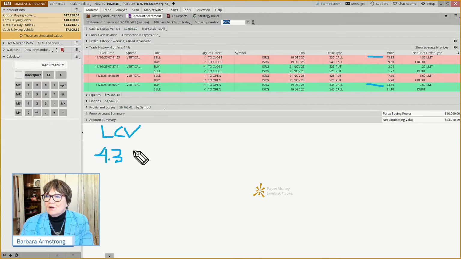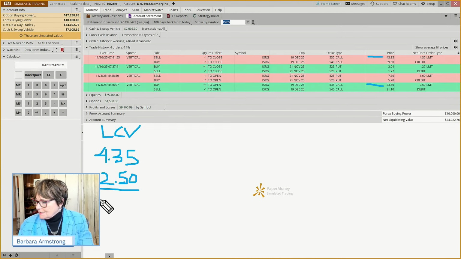We sold it for 435 and paid $250 to get in. Now, why did we do only one if we paid $250? Well, we put in the order at $290, which is why this target was $435, and it filled at $250. So we got a better fill than we were anticipating. So we made $185, and we just did one contract. So it was a $185 base hit.